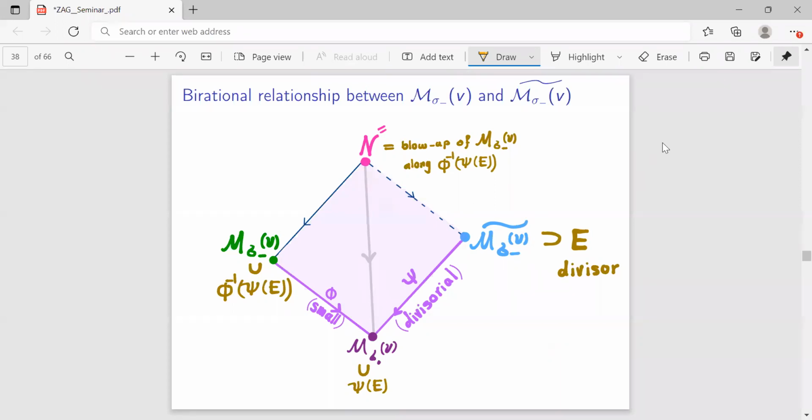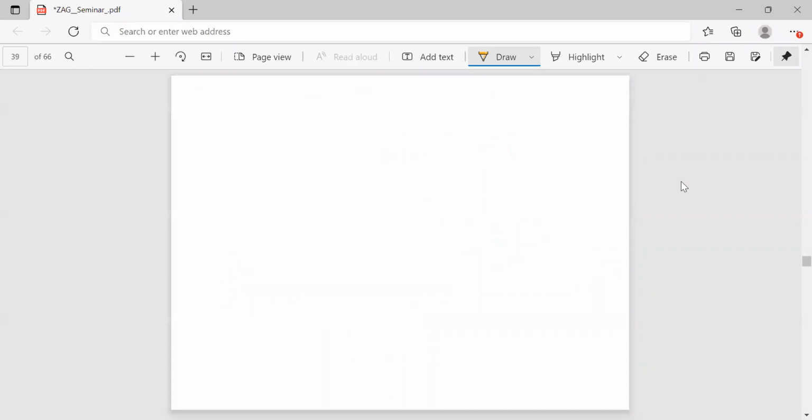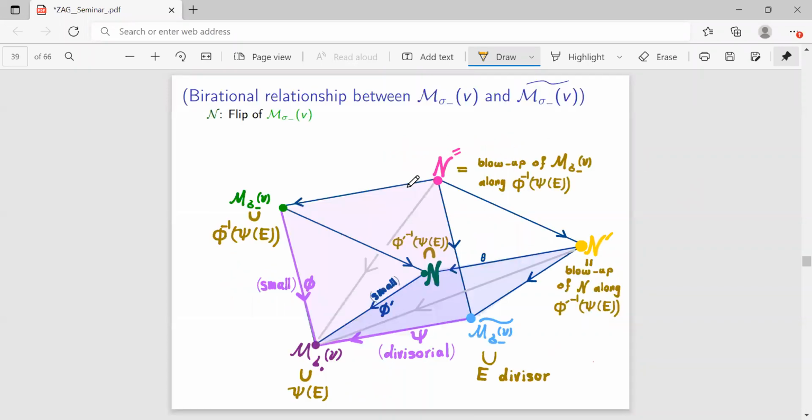Okay, the flip is not here, but the flip of this with respect to this small contraction must exist. Let's see how we can have the flip somewhere in this picture. This back square here is just the previous slide that I just described. And here I just added this node N. This N is just supposed to be the flip of this M sigma minus.